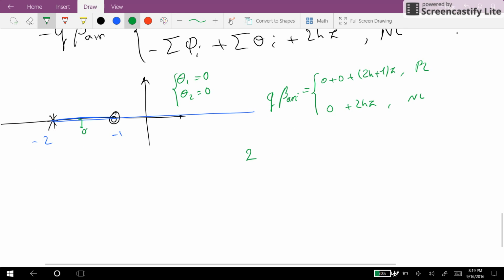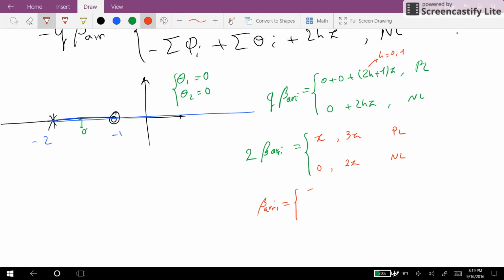Q is equal to 2, so 2 times beta arrival will be equal to, setting h equal to 0 and 1, because we have two zeros here, pi and 3 pi for positive locus, and 0 and 2 pi for the negative locus, and dividing by 2, beta arrival will be obtained as pi over 2 and 3 pi over 2 for positive locus, and 0 and pi for the negative locus.